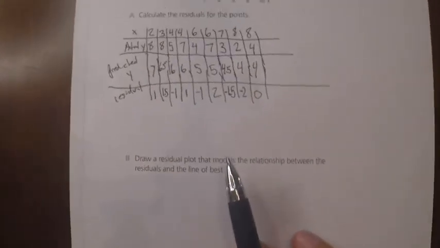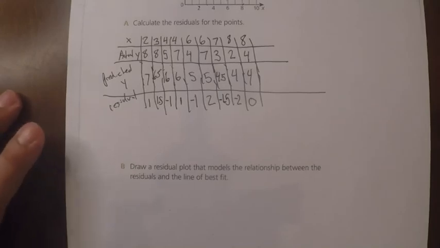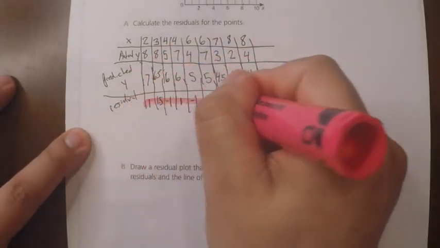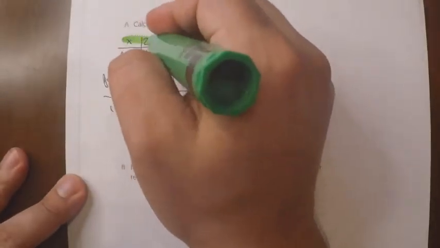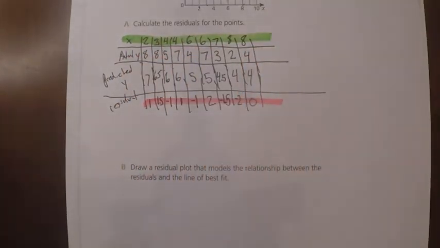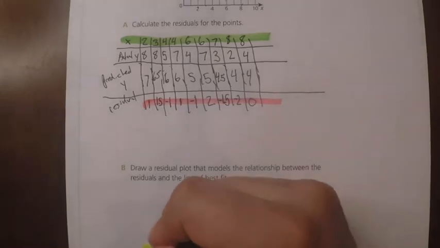So now this is where it gets a little bit tricky, but we've already done all the hard work. So now we have our residuals, and then we also have the x coordinates that they go with. So if we're creating our residual plot here, what we want to do is just kind of make a straight line for our axis.